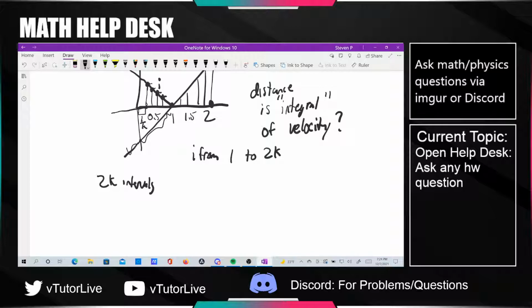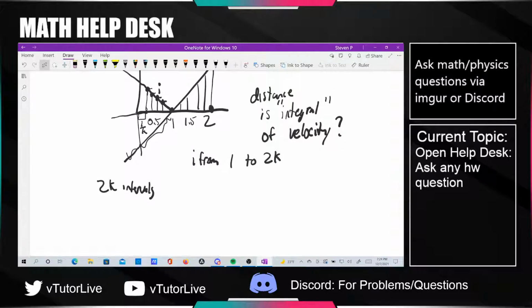So then the next part, B, is asking, okay, you've divided it into 2k intervals. You've approximated the velocity of the particle. So at that point, when you've already approximated the velocities or the height of each interval, the distance in each interval is just the width of the rectangle times the height. In other words, the approximation for the distance traveled in each interval is the area of the rectangle, right? And that shouldn't be hard at all.